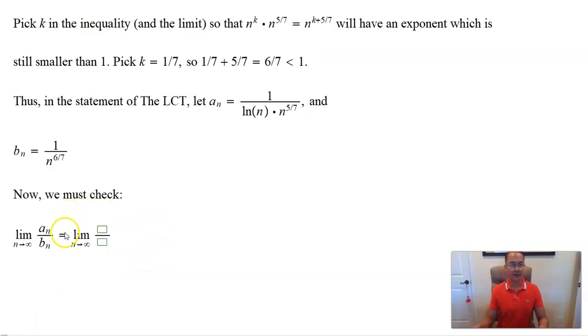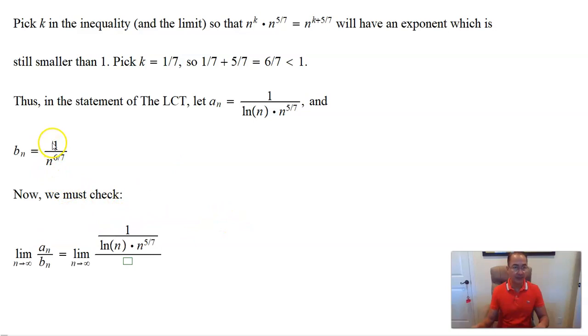Just like in our last example, we have to check that the limit of the quotient a sub n over b sub n is hopefully, again, an ordinary positive number. Our a sub n goes in the numerator, and our b sub n goes in the denominator. Simplifying, we get the limit as n goes to infinity.